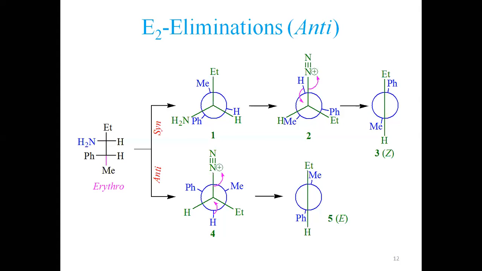Good leaving groups that you have already come across, like diazonium, like acetate, or you have come across in aliphatics, nucleophilic substitution reactions. The good leaving groups like tosylate, you have come across brosylate, nosylate, triflate, nonaflate, etc. All of them are good leaving groups.